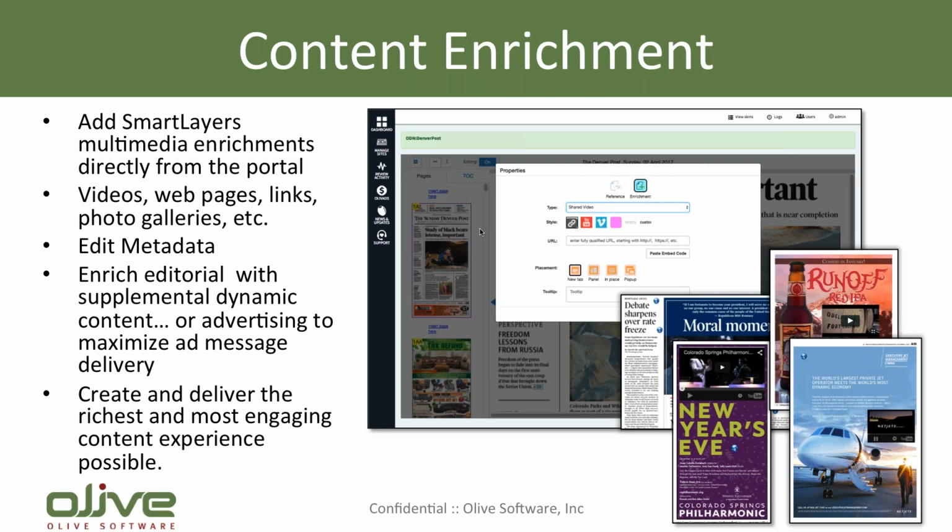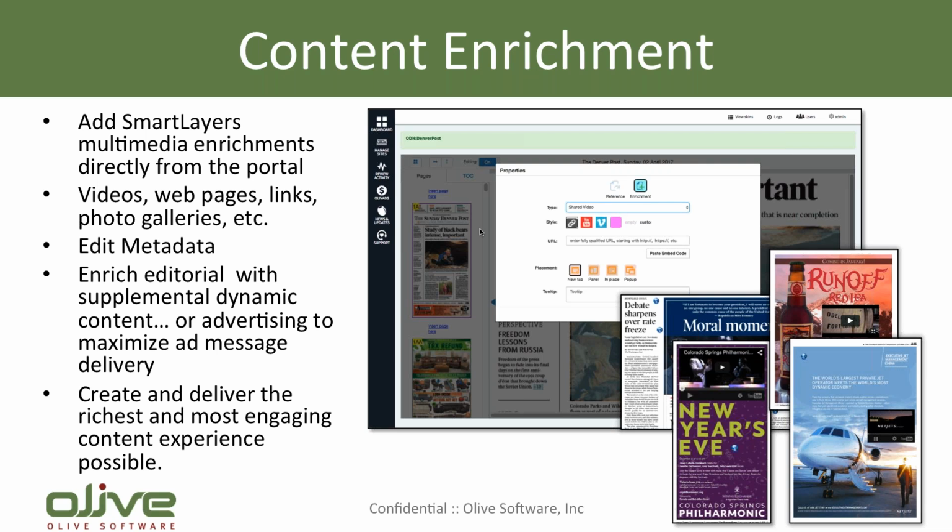Content enrichment, this is another one of the tools that we've had available for a while, but only some of our publishers have taken advantage of it. This is the ability to incorporate multimedia elements right within your publication, so video, web pages, links, photo galleries, etc. You can also edit the metadata of the publication if you have specific needs around that.